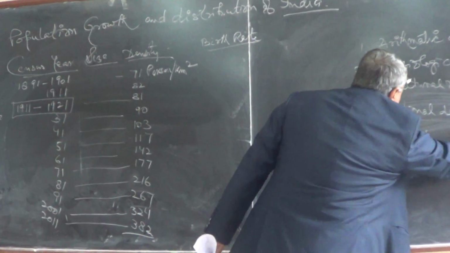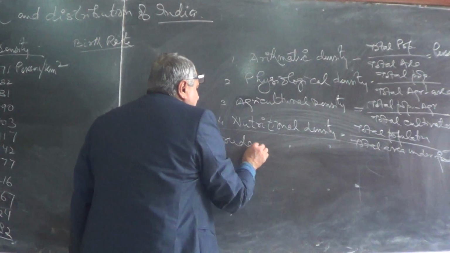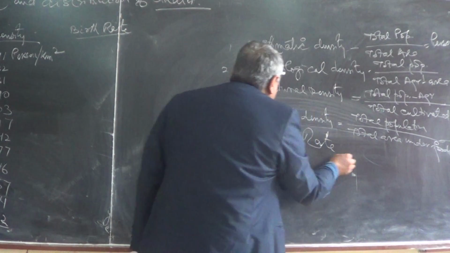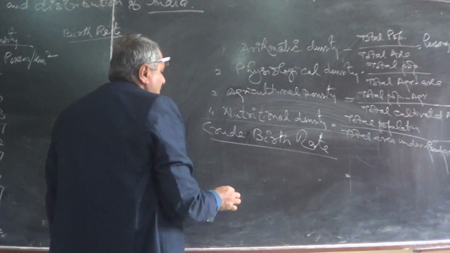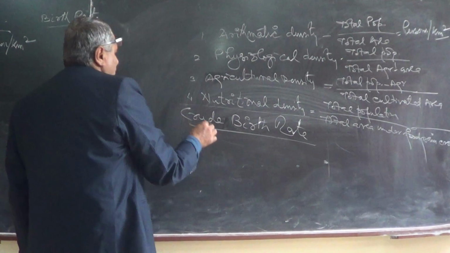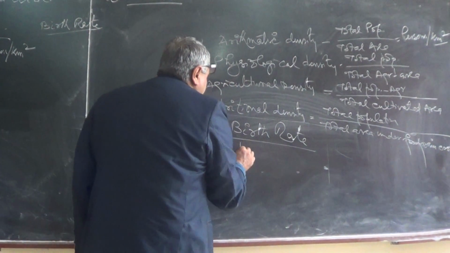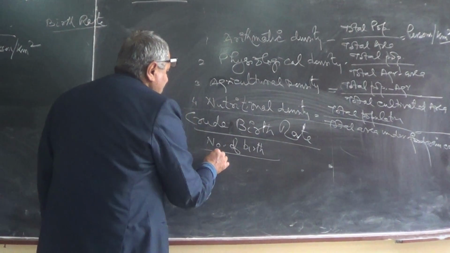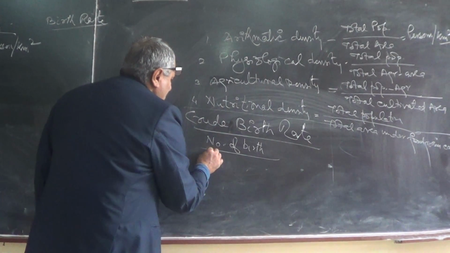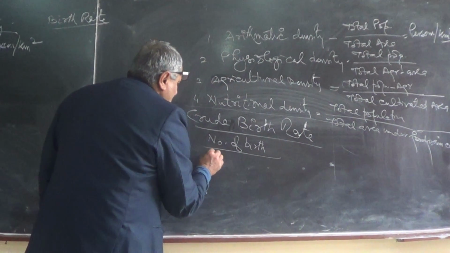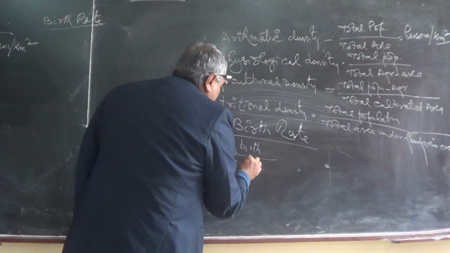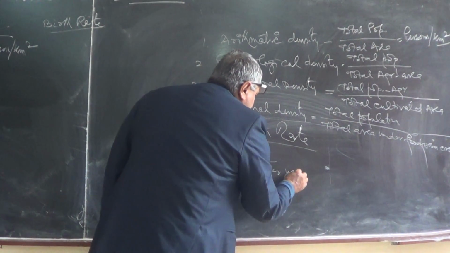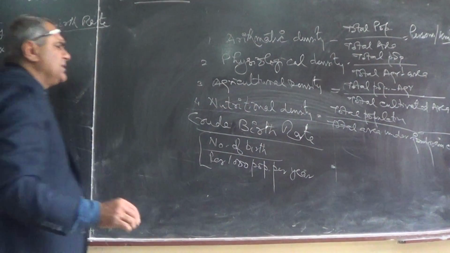Crude birth rate is the average birth rate, the number of births per 1000 population per year.